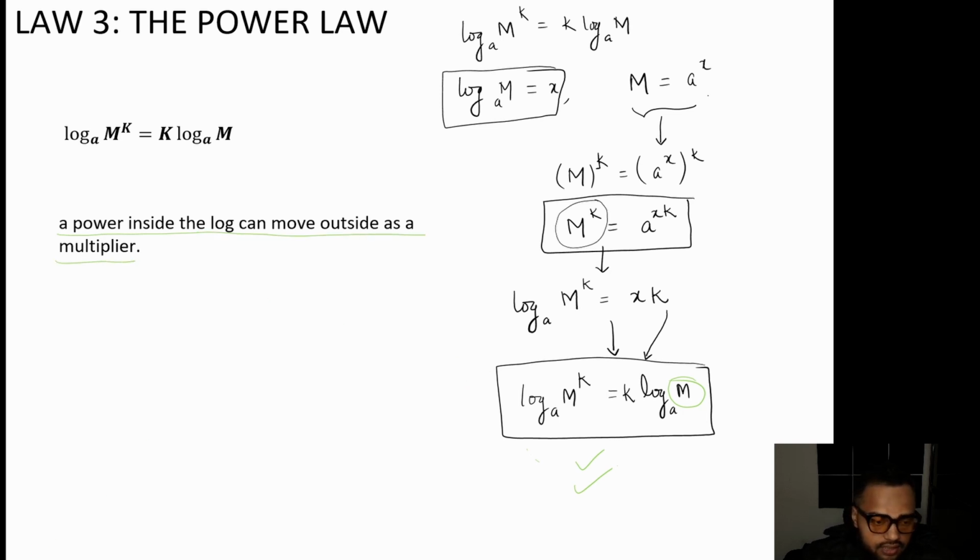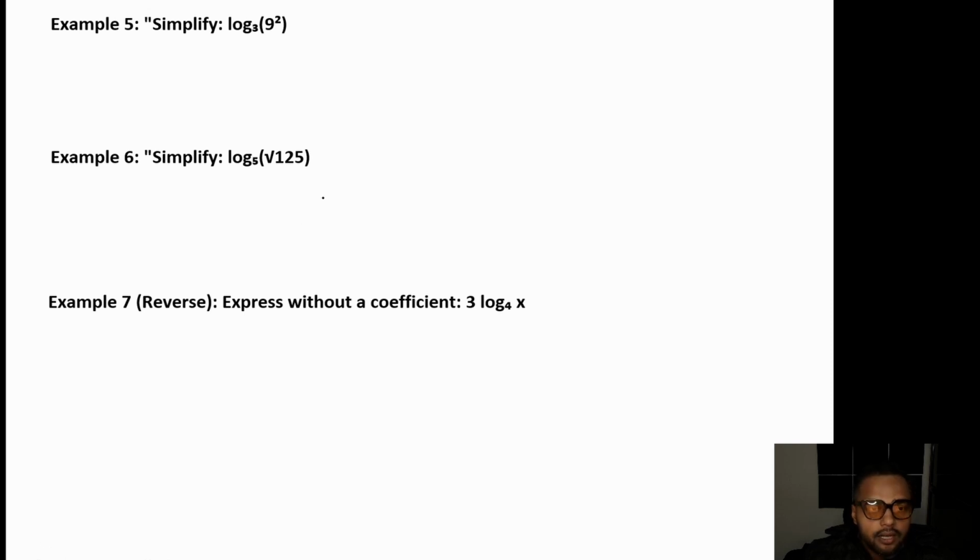I've taken certain examples on this power law, students. See, first example is log of 9 square, base 3. So 2 will come outside as a multiplier, and in logarithmic format what remains is log of 9 base 3. On further solving, we'll get 2 log of, now 9 could be written as 3 raised to the power 2, base 3.